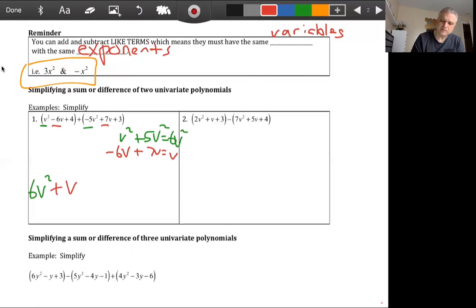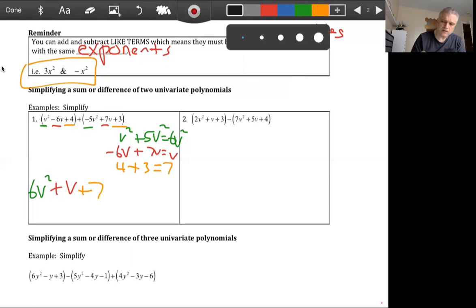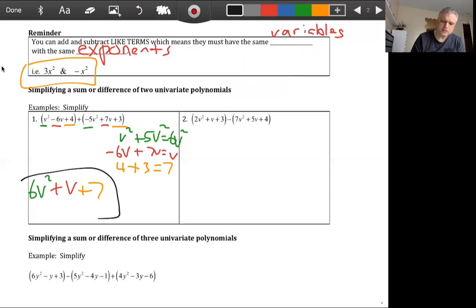And then finally, there's a plus 4 and a plus 3. So positive 4 plus positive 3 is a 7, and it's positive, so plus 7. And that is my sum, the sum of those two polynomials.